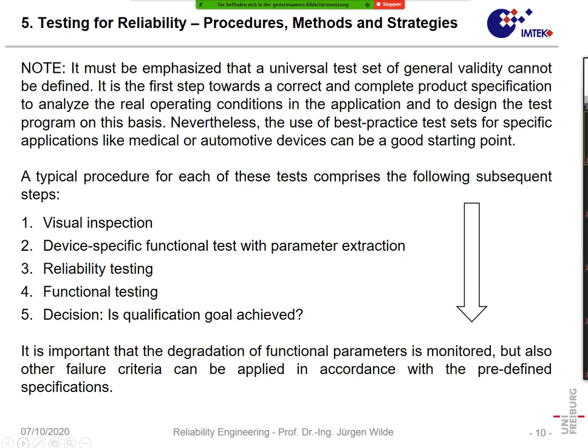When you do that testing on such devices, first of all, it is important to know when a device is failed. And there are several definitions of failure. One, of course, is the device is dead, or it has a short circuit, or it has an open circuit. Of course, that's a clear failure.